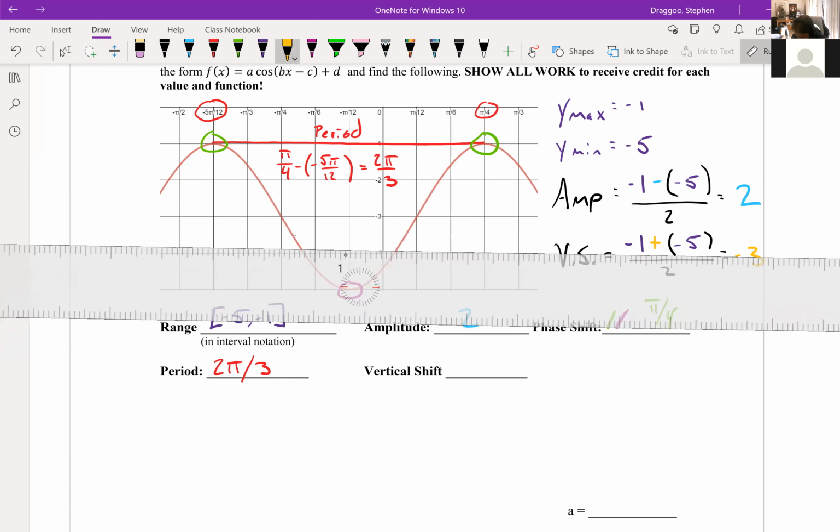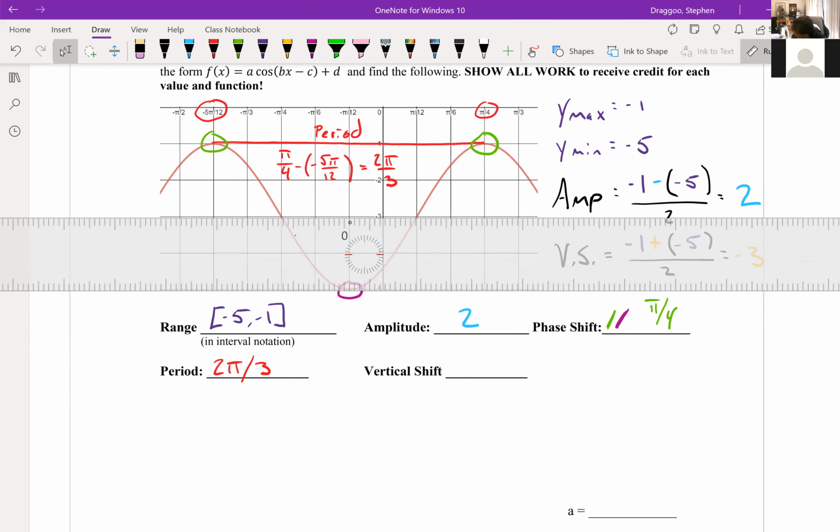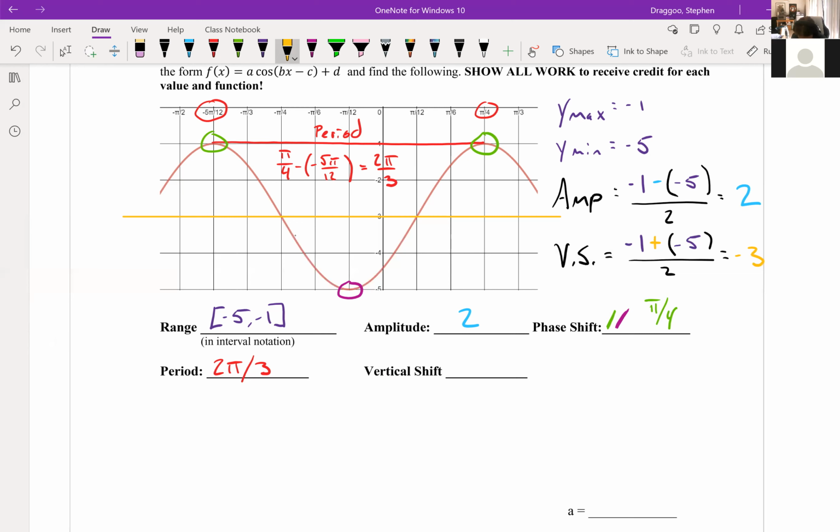Now that I know what my vertical shift is, I could draw that center line in just in case I needed it. It's at -3. Oh, that part is somewhat unnecessary since it's a cosine graph. If it were sine, it would probably be a bit more important.